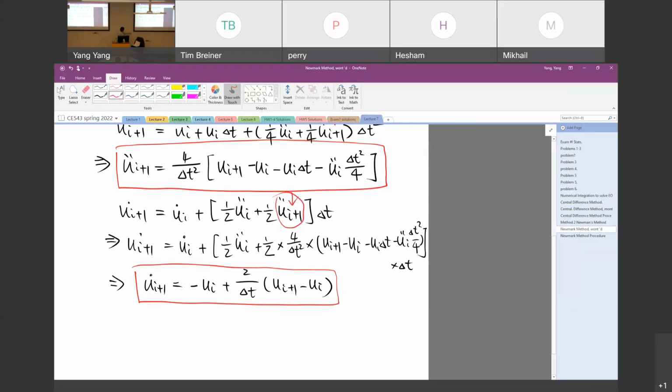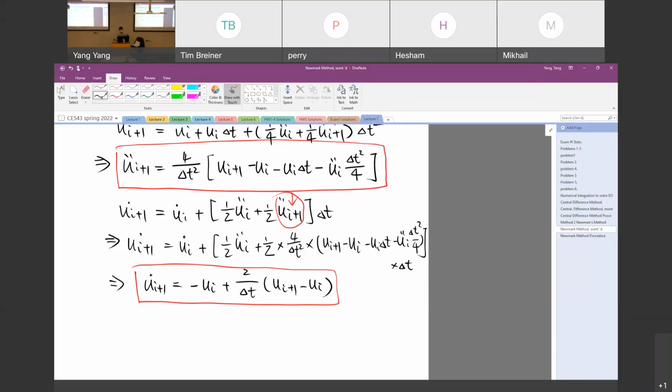Replace that so that we can express the velocity in terms of the displacement, right? So any questions up to here? So does this make sense?